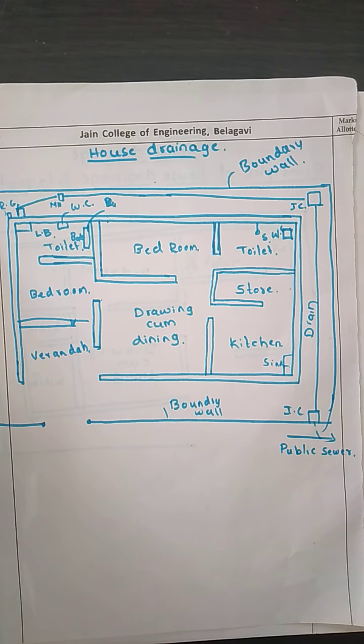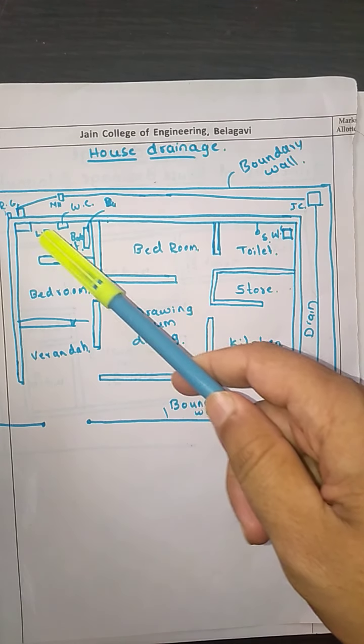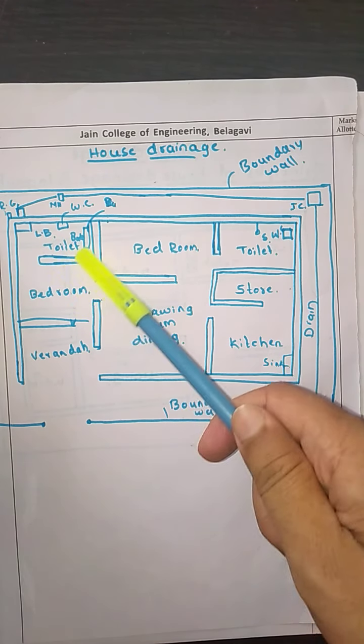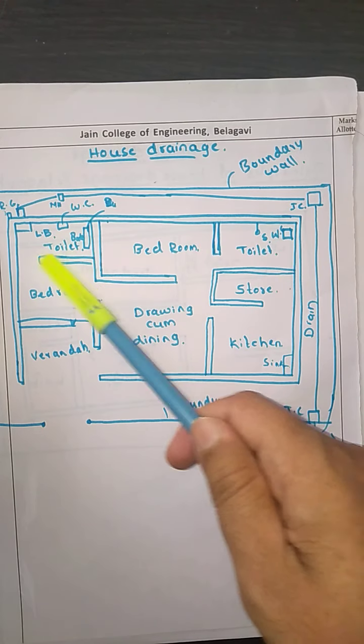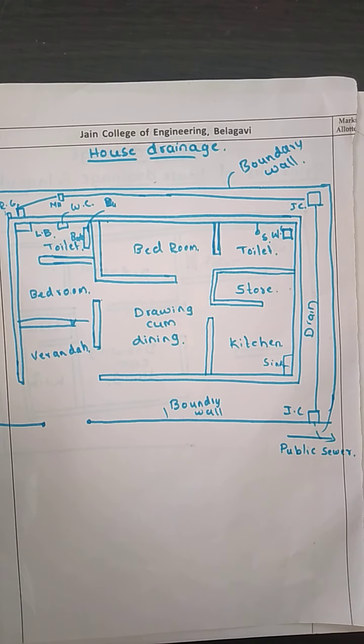Now here, the lavatory blocks should be located so that the drainage line is minimum. We should locate our toilet so that the length of the line the wastewater has to travel is minimum.